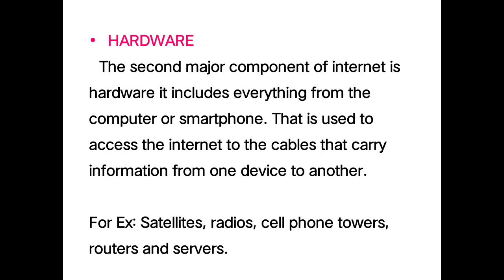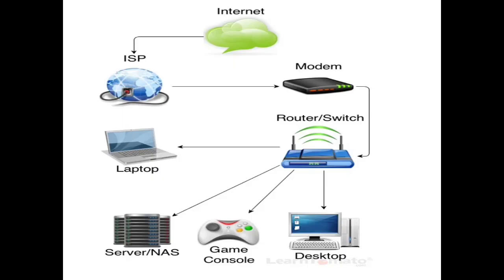These various types of hardware are the connections within the network. Devices such as computers, smartphones, and laptops are endpoints or clients, while the machines that store the information are the servers.